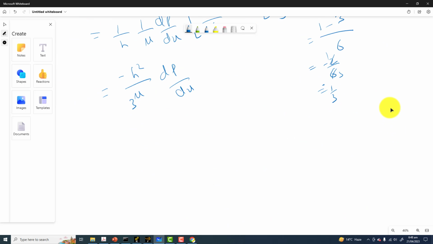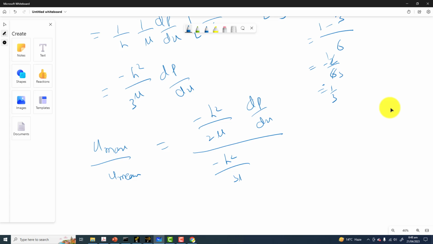Okay, so it means that u max upon u mean is equal to minus h square upon 2 mu dp by dx and divided by minus h square upon 3 mu dp by dx.